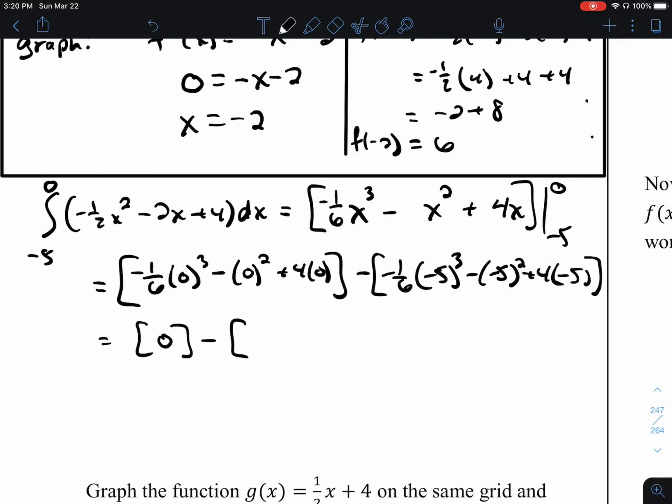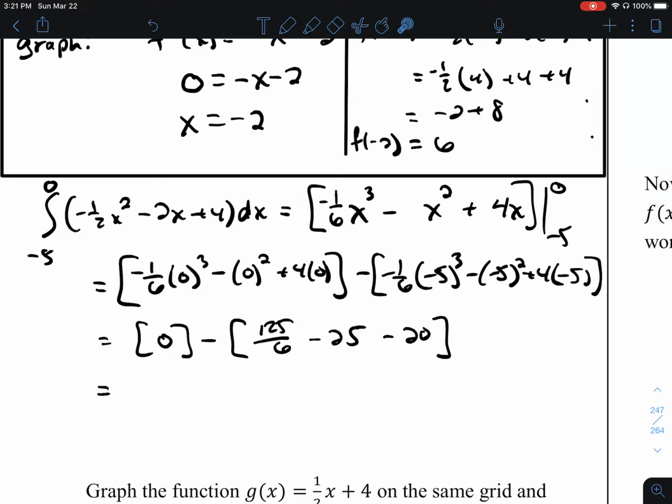The second set of brackets, a -5 cubed is a -125, and that's being multiplied by -1/6, so a negative times a negative is a positive. Here, a -5 squared is positive 25, and we're subtracting that, so less 25. And then here, 4 times -5 is -20.